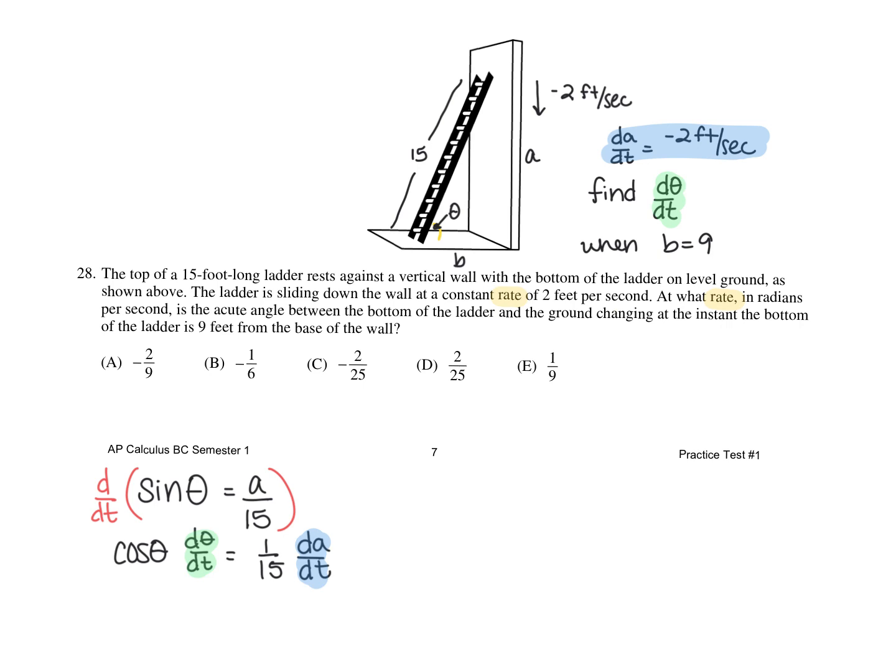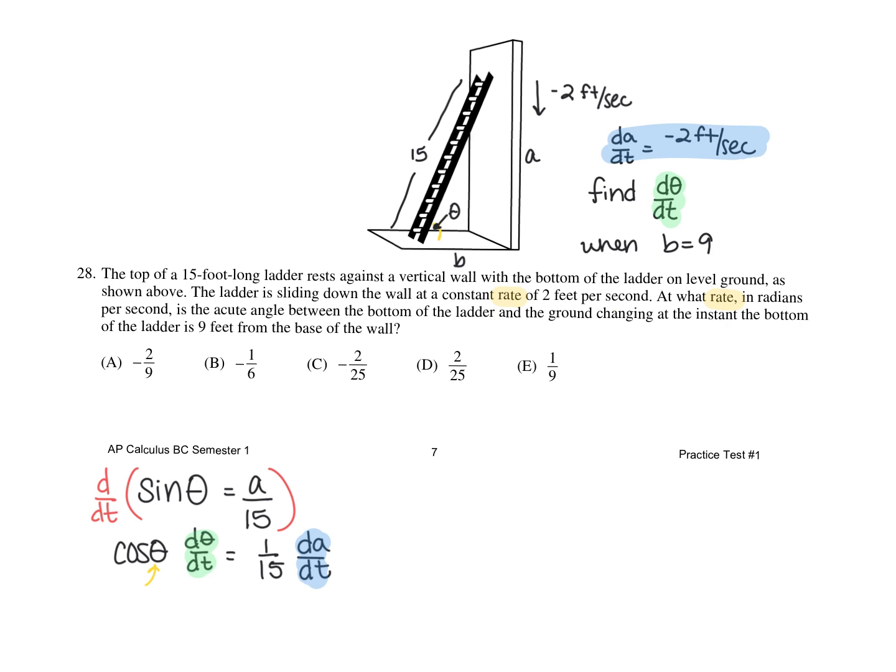Okay, so what about this cosine of theta? Do I know theta? No, I don't. And this is on the non-calculator section, so it's not like I could do an inverse to figure out the angle theta. But I am going to use the idea of trig ratios. And remember, we had this other piece of information that said when b was 9. Well, here's what I know.